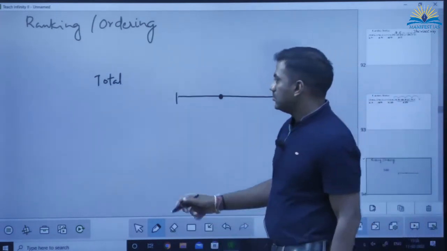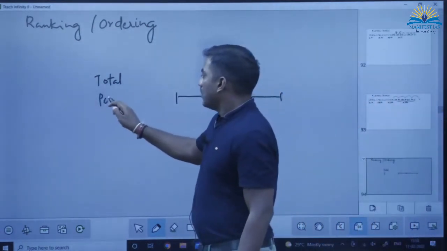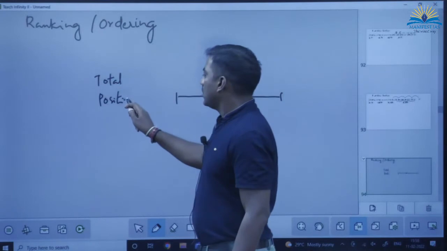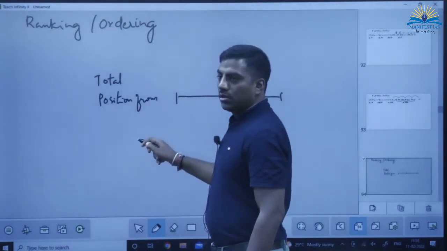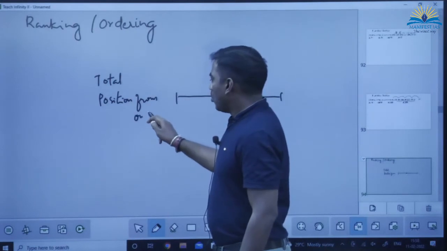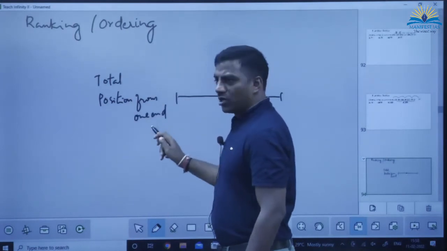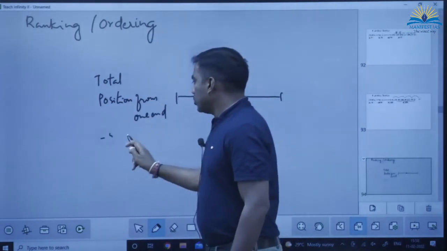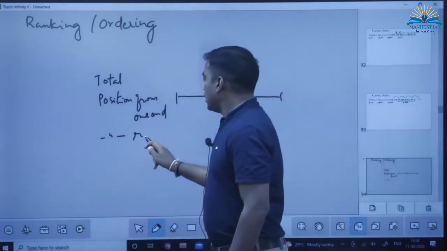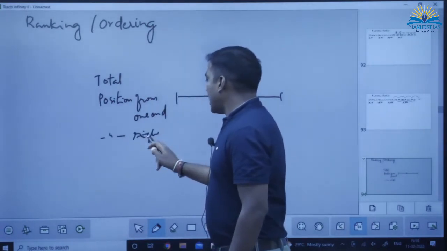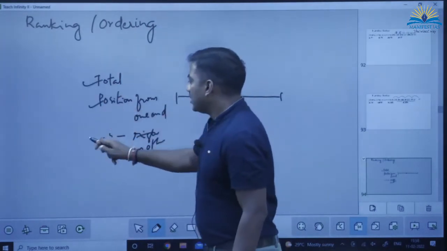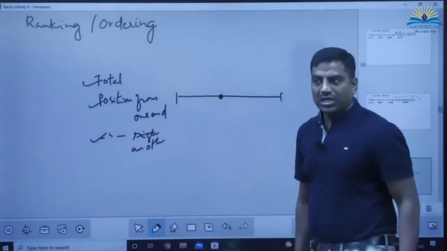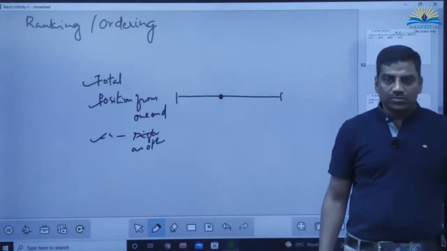Position from one end, left, right, top, bottom, whatever. And one more, position from the right end or another end. So totally you can give me 3 data about this one.